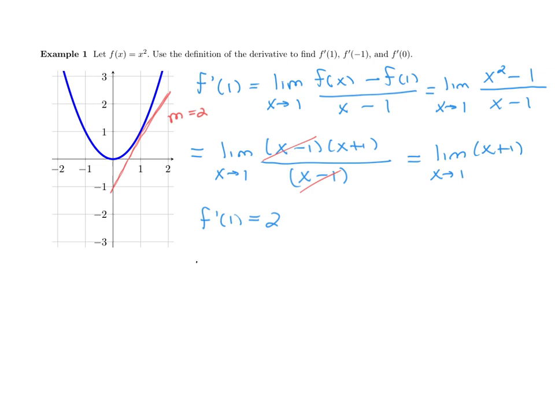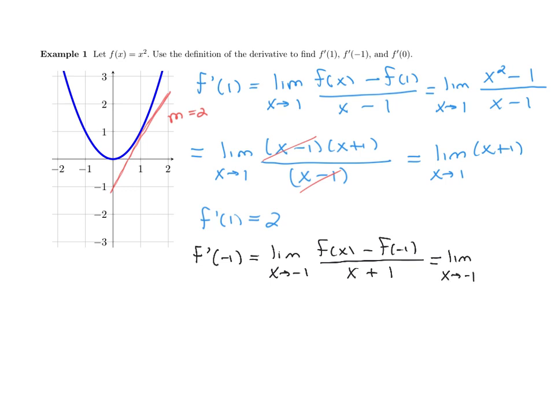Okay, so f prime of -1 is the limit as x approaches -1 of f of x minus f of -1 all over x minus -1. So in the denominator, the two negatives make it positive. This is the limit as x goes to -1 of f of x is x squared, and f of -1 is positive 1 again, so it remains x squared minus 1, and this is divided by x plus 1.